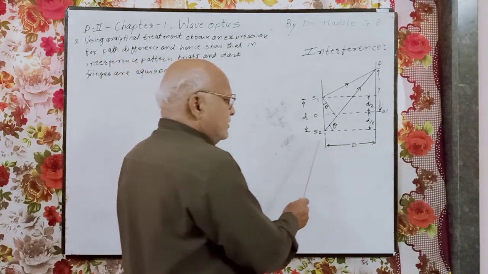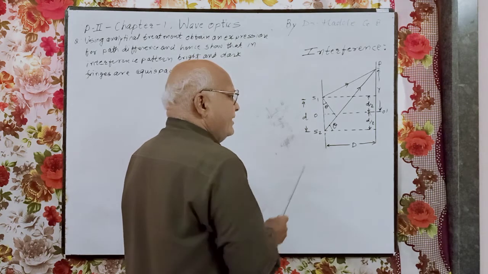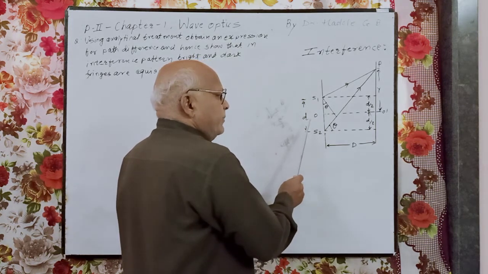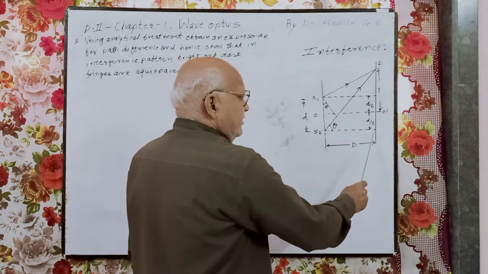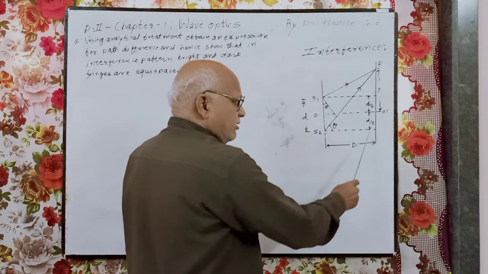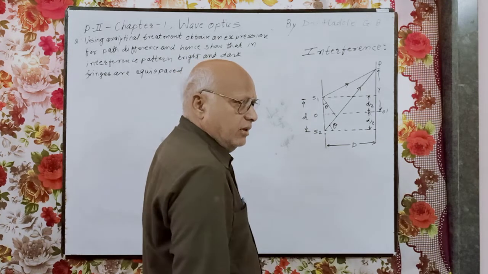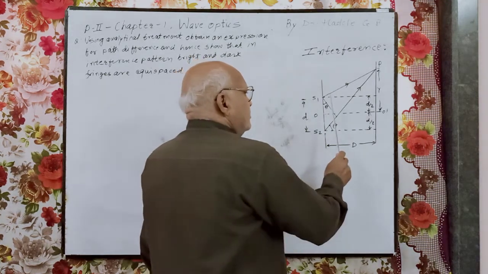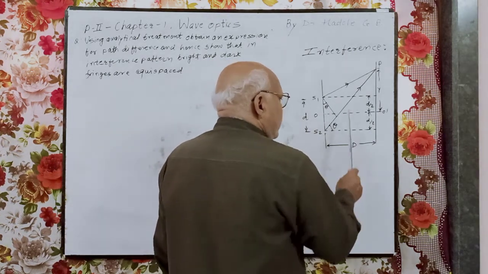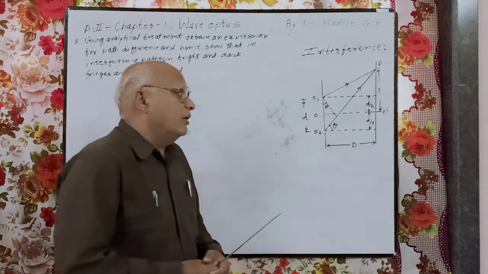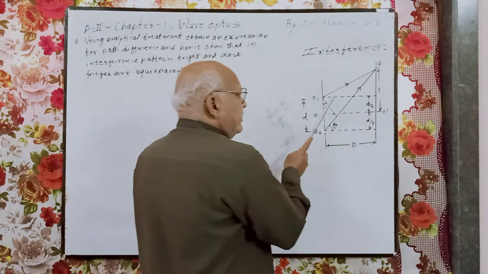For this purpose, let us draw this diagram. S1 and S2 are two slits. These two slits are separated by a distance d. Now suppose that a screen is placed at a distance capital D. Suppose that the two rays are traveling horizontally, parallel to each other, on the screen.